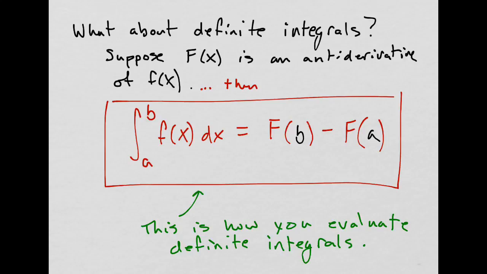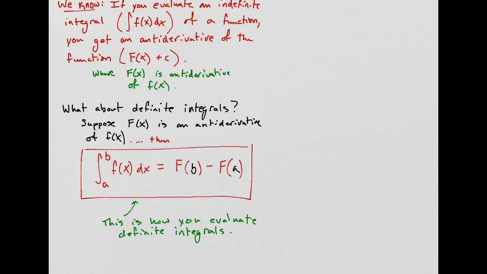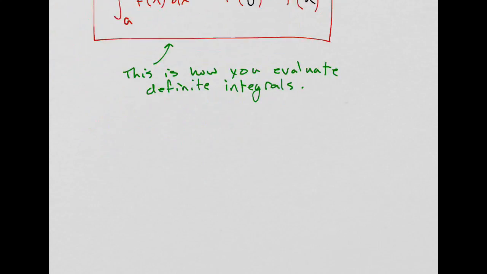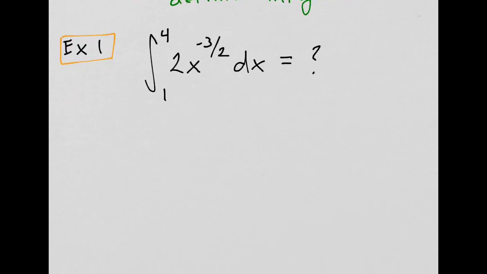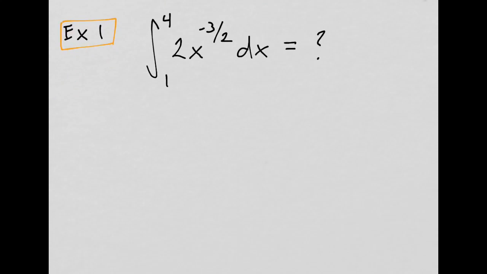So let's take a look at a very simple example. Example 1. What is the definite integral from 1 to 4 of 2x raised to the negative 3 over 2? We can get the antiderivative very easily, so that's what we do first.